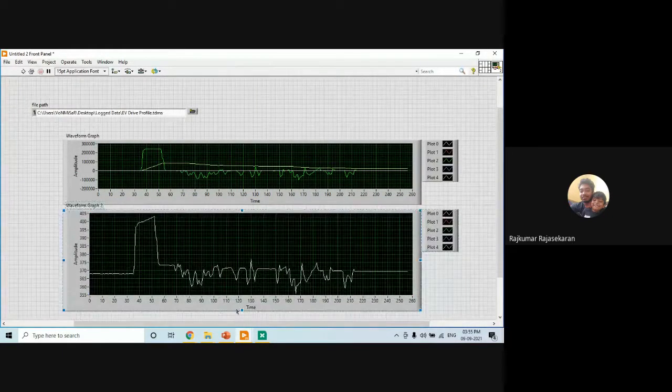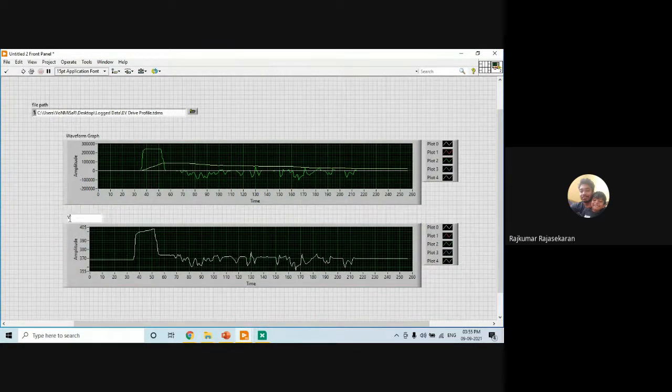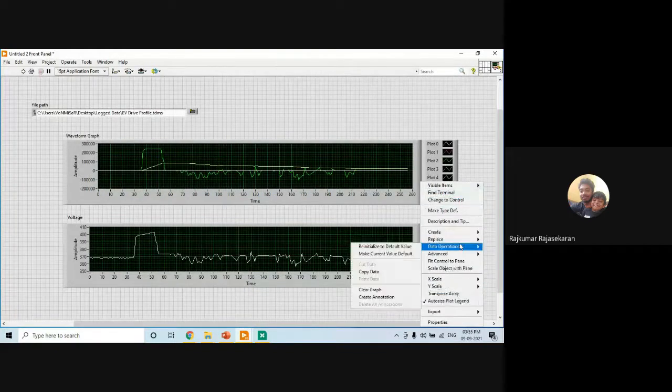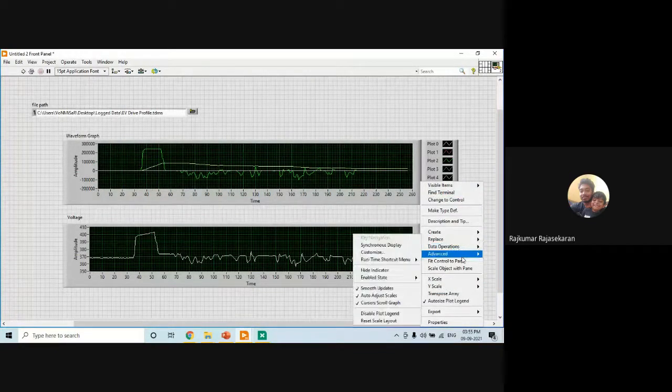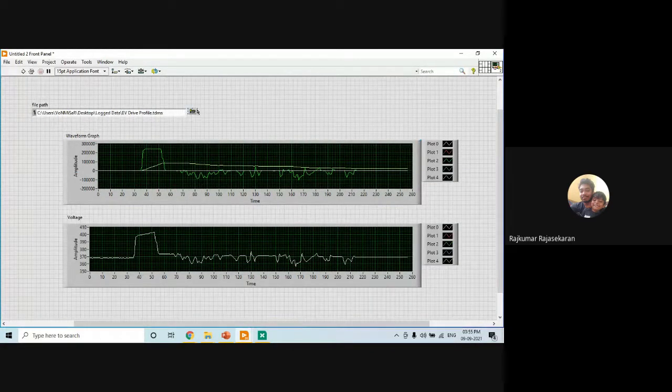So this is number one, voltage, current, and so on and so forth. This is for a normal EV drive profile, where we had calculated voltage. This plot number 3 is basically the energy.